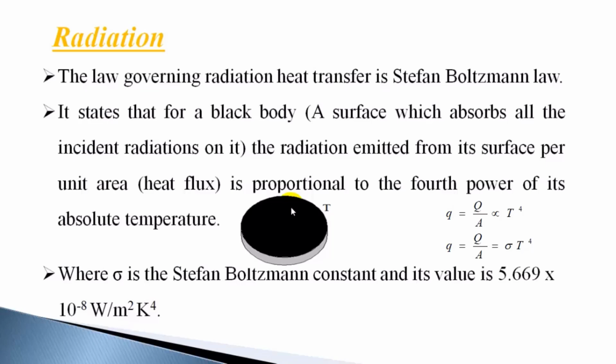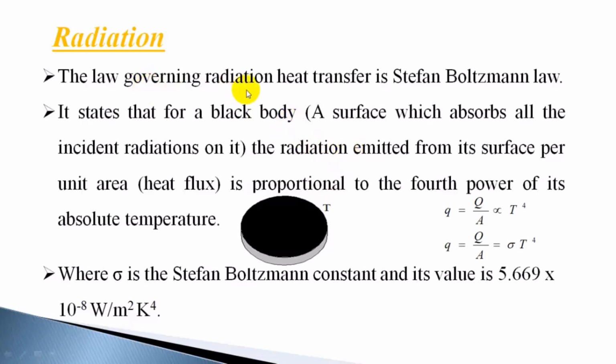So all bodies in the universe above absolute zero are emitting radiation, and at the same time they are receiving radiation. This difference in emitted and received radiation will cause a heat transfer to occur. So this is radiation heat transfer.